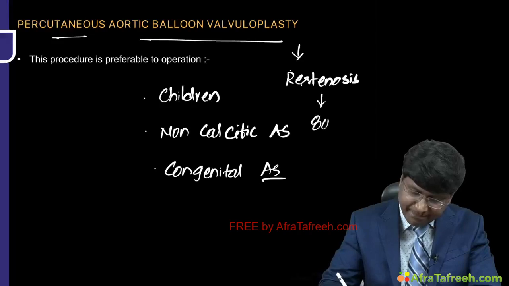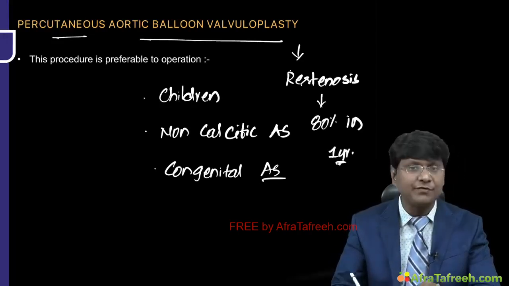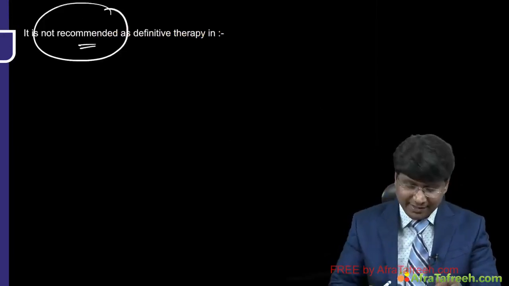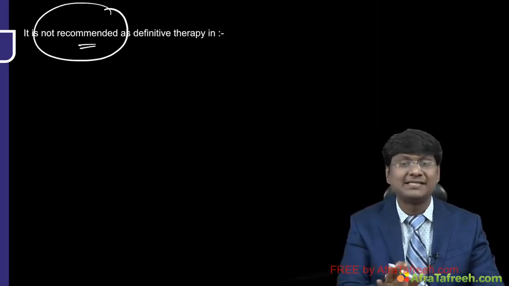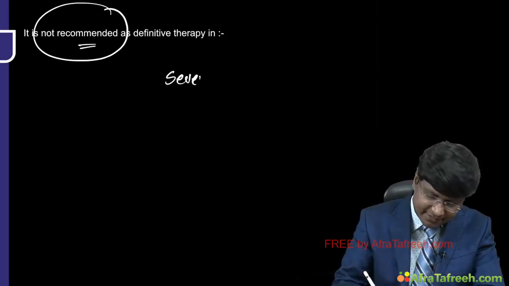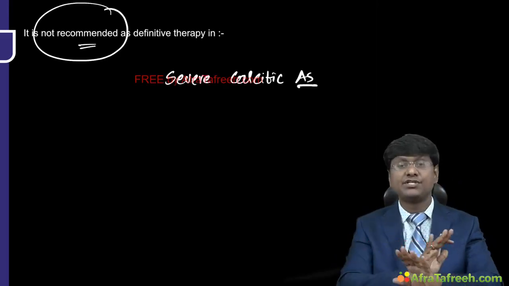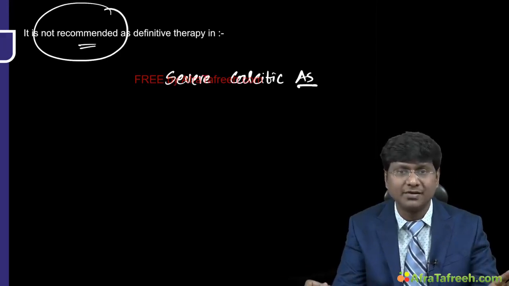Almost 80% restenosis in 1 year. That is the chance of restenosis with balloon valvuloplasty, right? So balloon valvuloplasty is not recommended as a definitive therapy in adults with severe calcific aortic stenosis. It should not be done, okay?